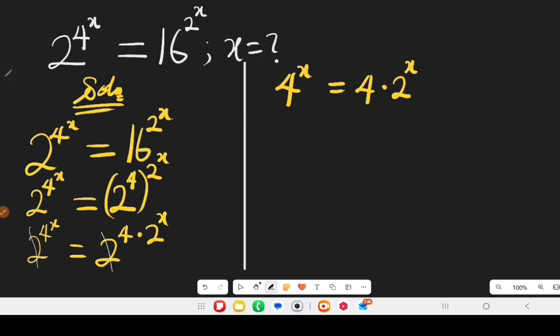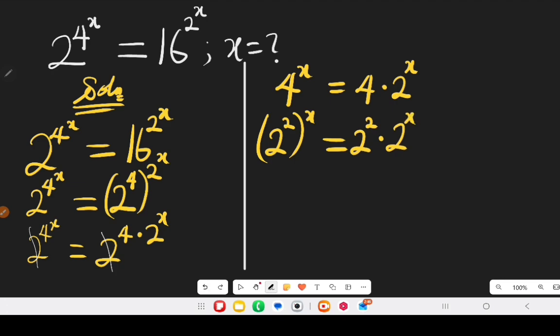Then we continue. We can express 4 in base 2, which is 2 raised to the power of 2, all raised to the power of x, equal to, we express 4 in base 2, which is 2 raised to the power of 2 times 2 raised to the power of x.